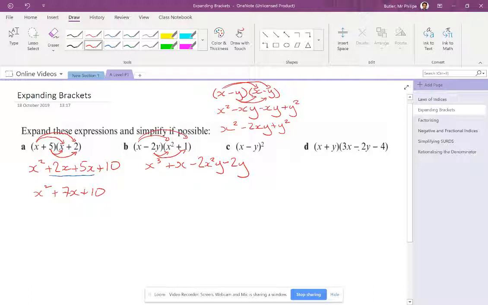Okay, and this one, it doesn't matter how many terms are in the second bracket or the first bracket, the same rule applies. You multiply each term by each other term in the other bracket. So x times 3x is 3x squared. x times minus 2y is minus 2xy. x times minus 4 is minus 4x. y times 3x is plus 3xy.